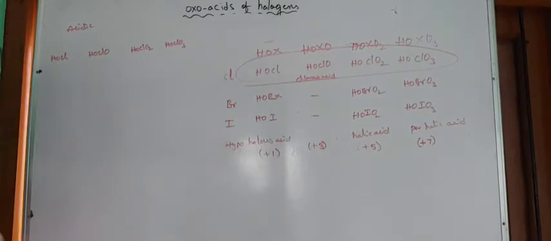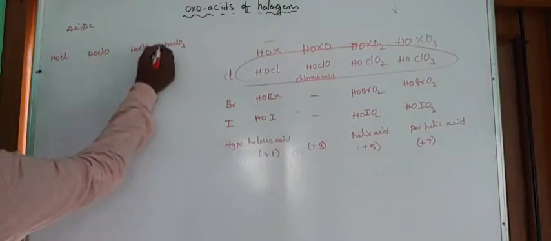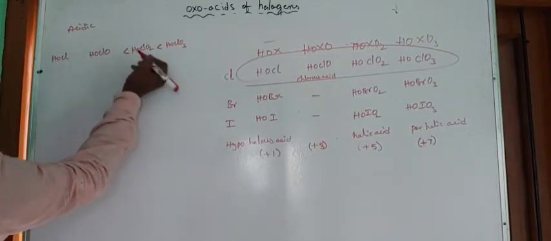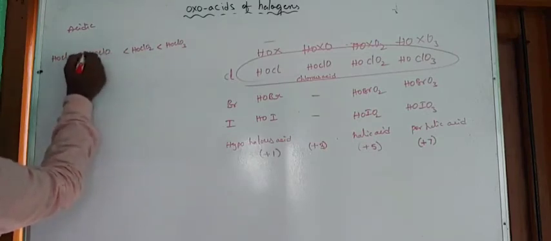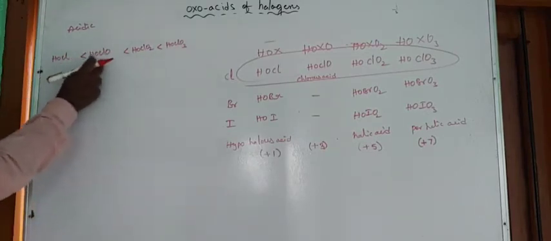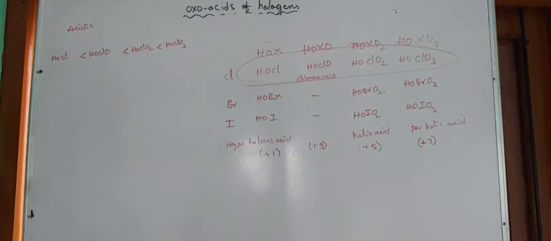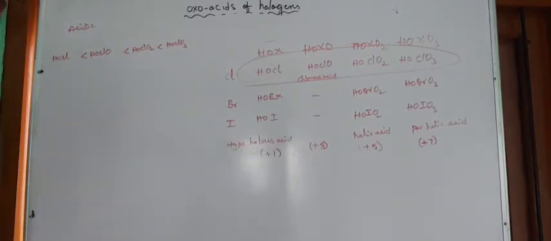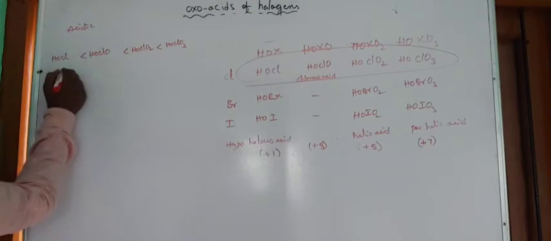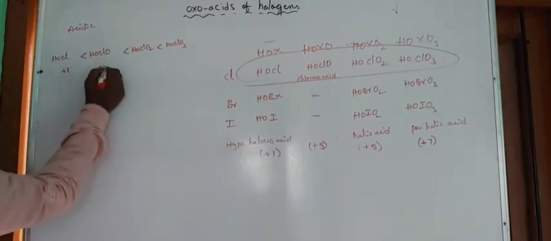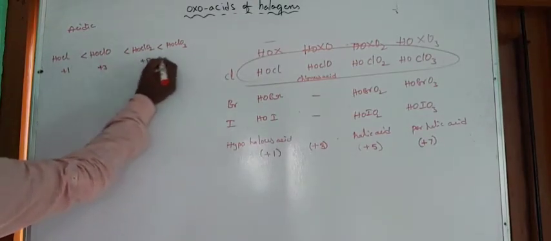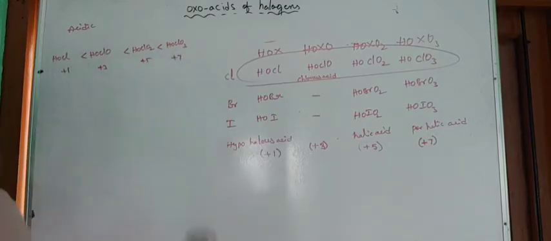So now the acidic strength order: HOClO3 is stronger than HOClO2, stronger than HOClO, and this one stronger than HOCl. This is the acidity order of the oxoacids with the same halogen and different oxidation states. Here the oxidation states are +1, +3, +5, and +7.